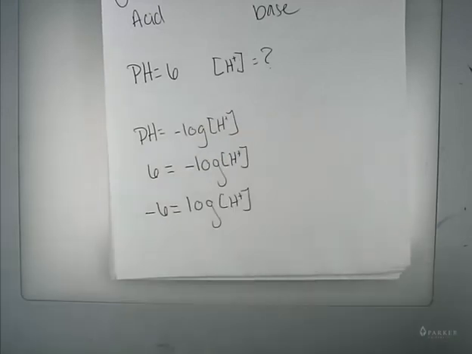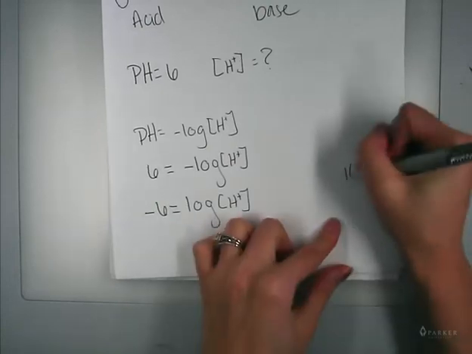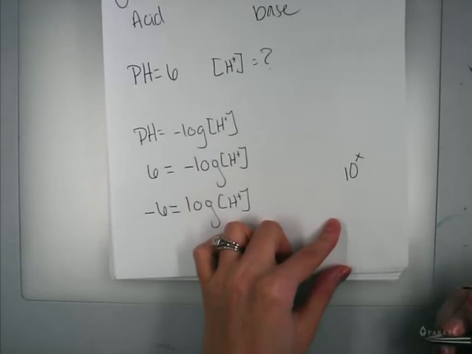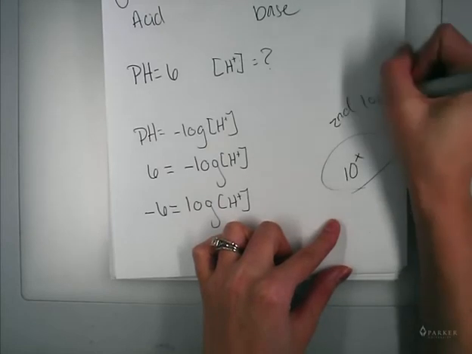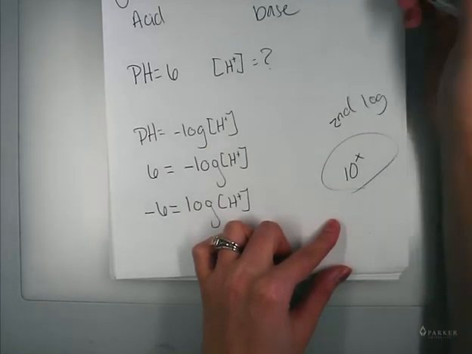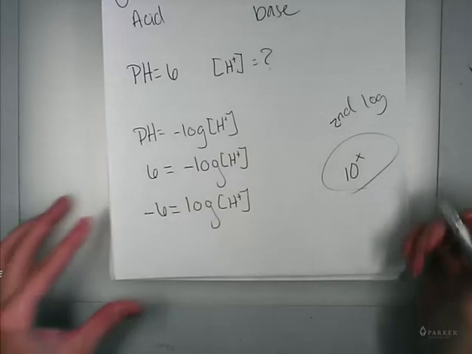The harder part comes with log. How do you get rid of log? The inverse log. That's the button on your calculator, usually right above log as a second button, and it's 10 to the x. That is your second log, or inverse log, or shift log, however it shows up on your calculator.